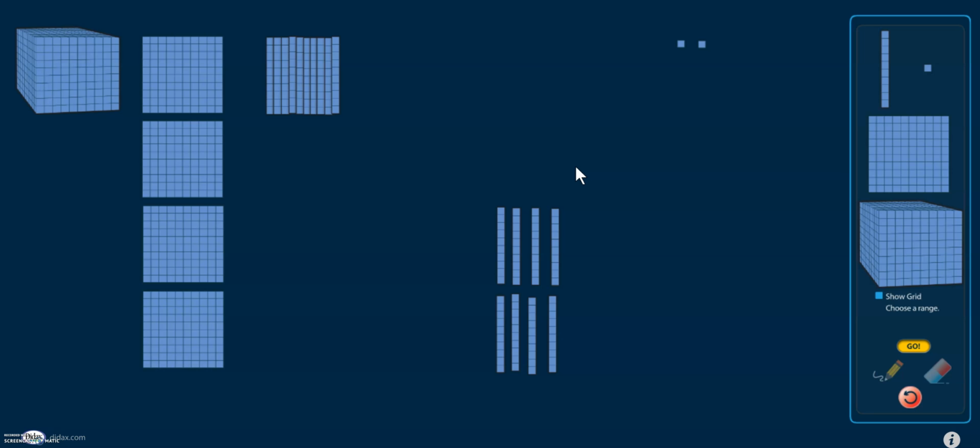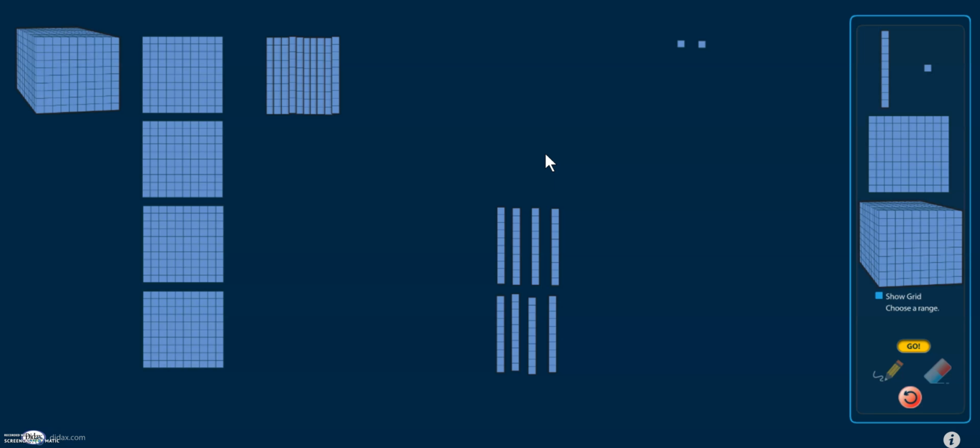So for adding 4-digit numbers, you're going to have to manipulate your answers, as I just did, either by moving 10 of the ones into a tens bar, or 10 of your tens bars into a hundreds square, or 10 of your hundred squares into a thousands cube.